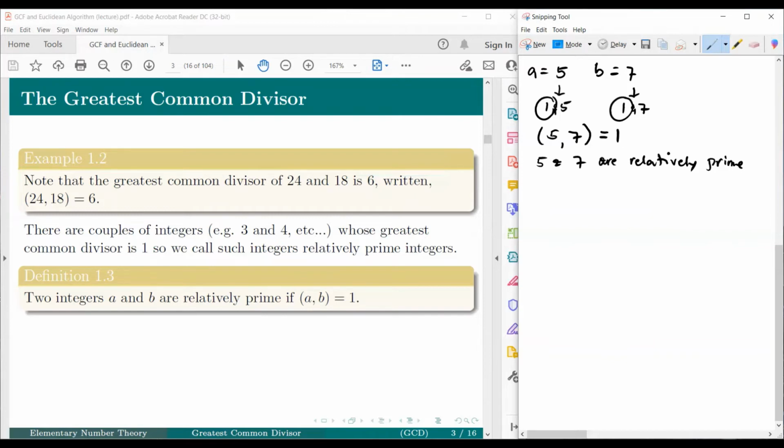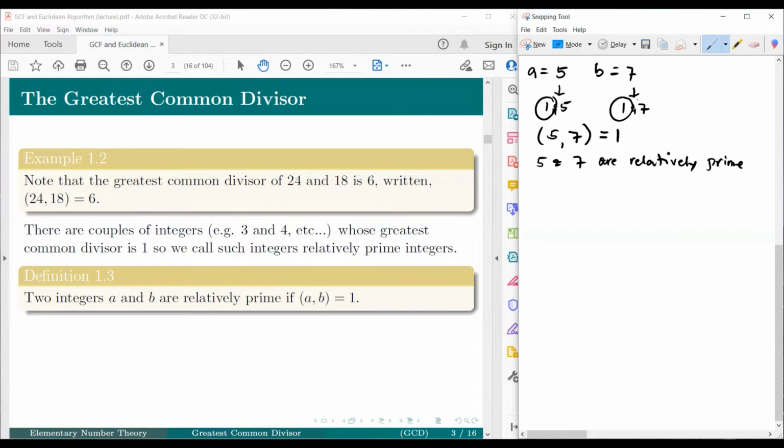Except if a and b are the same, right? So for any prime numbers a and b that are not the same, the GCD is always 1, and hence they are relatively prime numbers.